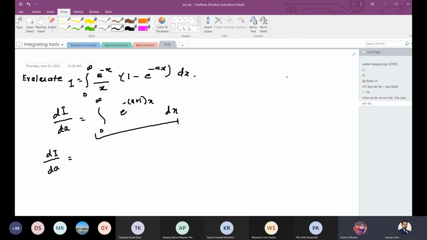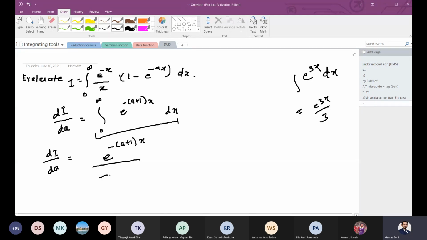Yes, integration of e to the power 3x dx, what is it? e to the power 3x upon 3. So what's the problem here? Tell me. What is a plus 1? It is a constant. So it will go in division. What's the problem with integration?